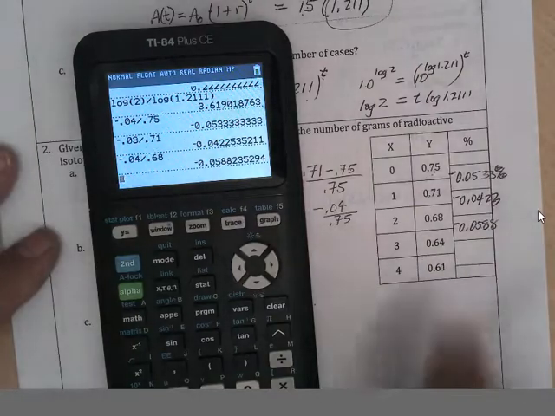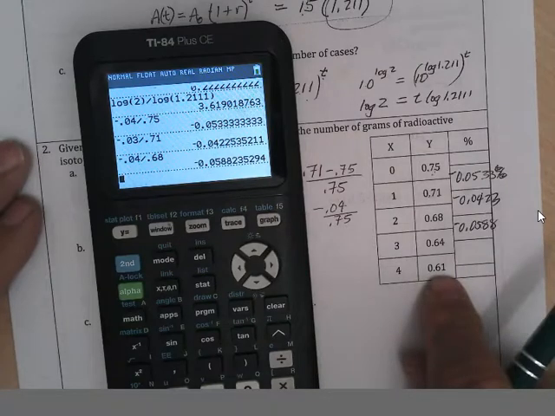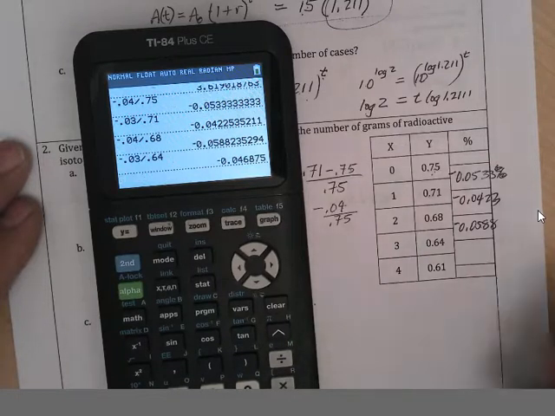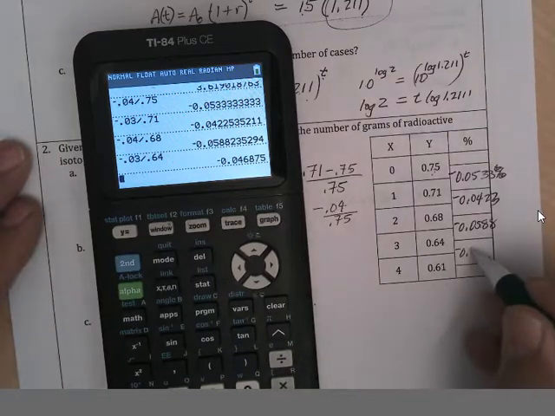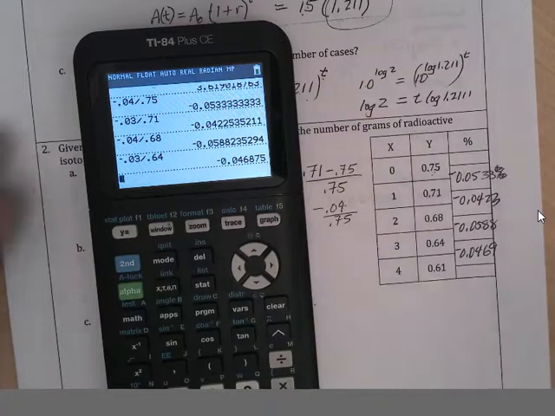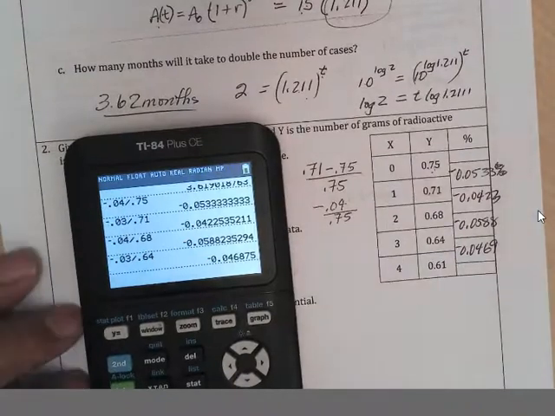And the next one, 0.64 to 0.61, that's down 0.03 divided by the starting one, 0.64, and that's negative 0.0469. And so to get the average of these, we would add all those up.